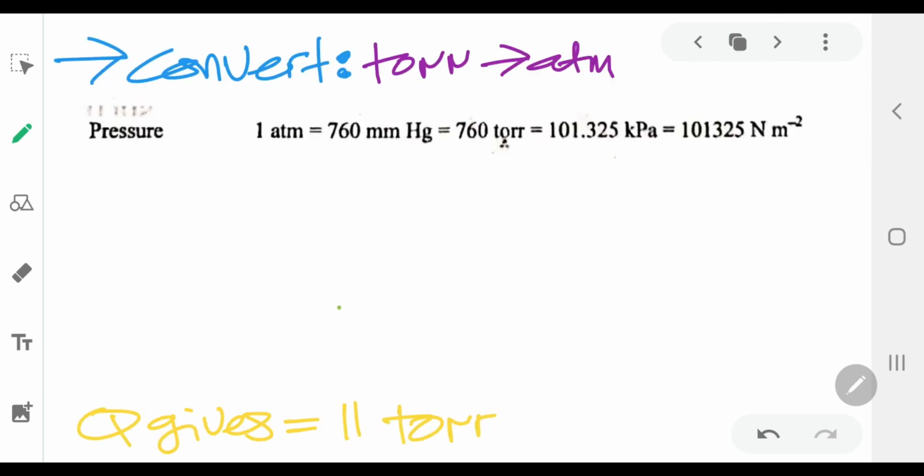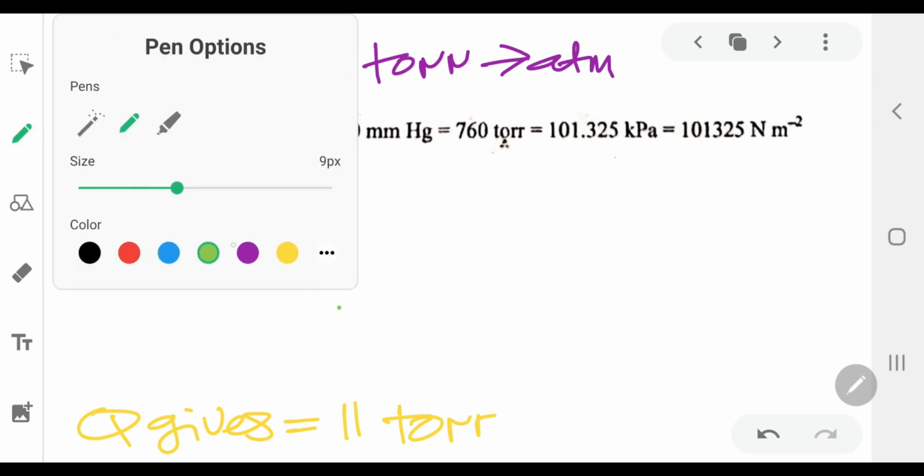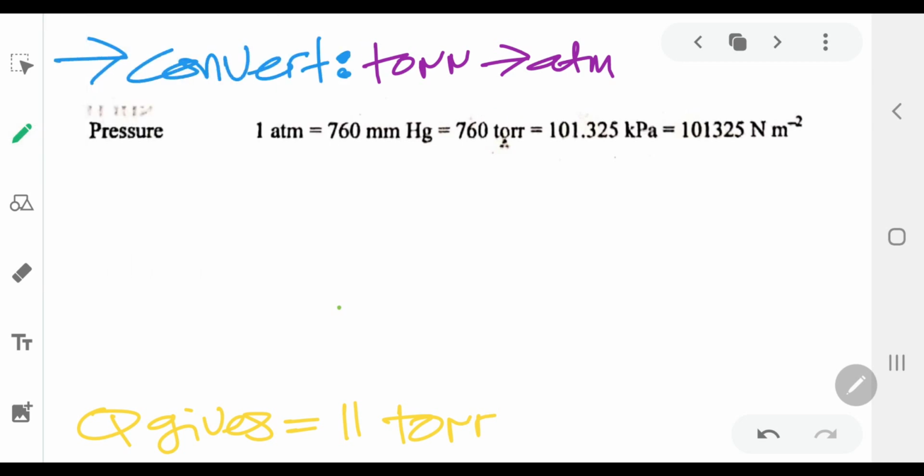So now we need to convert your pressure. We have identified that the pressure is about 11 torr. The question uses torr. The first one uses millimeter mercury, and this one right here uses torr, and we want to convert that into ATM.